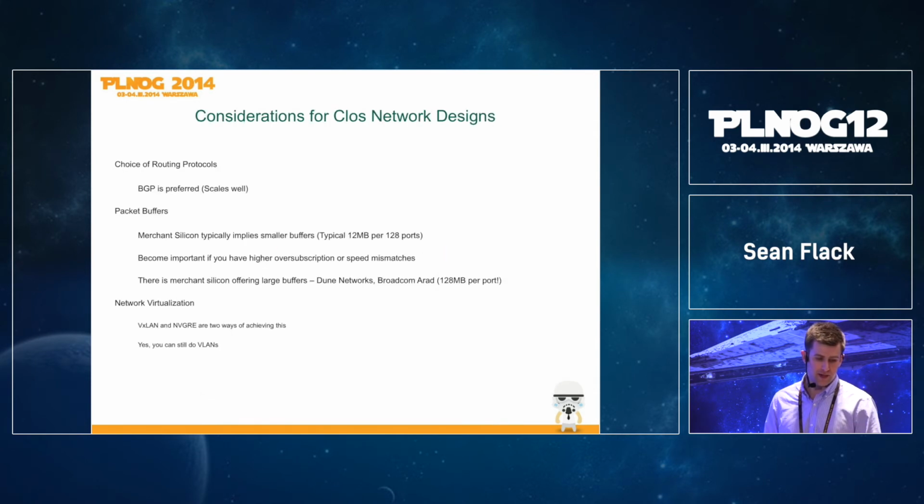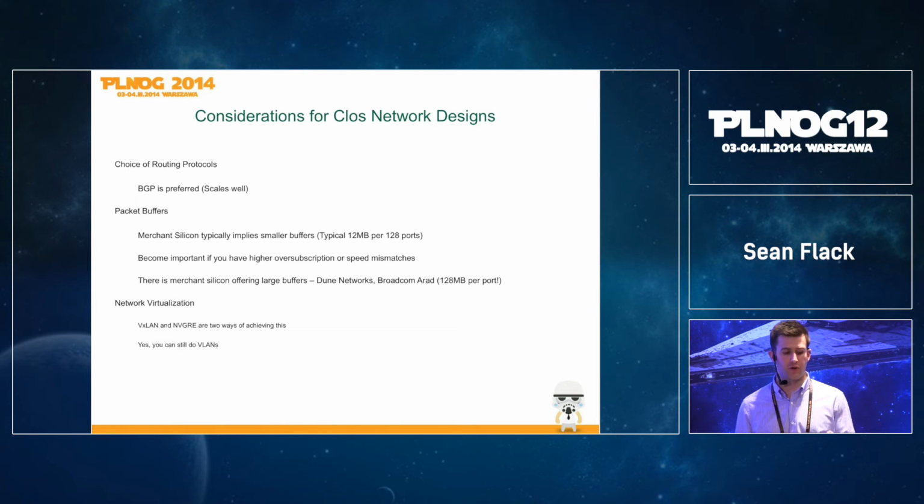So just to recap on the considerations for the CLOS network, BGP is preferred by some of these cloud providers. It gives them lots of routing flexibility and lots of routing control. One consideration, though, is packet buffers. Merchant silicon typically implies smaller buffers, so the Trident 2 provides about 12 meg per 128 ports.